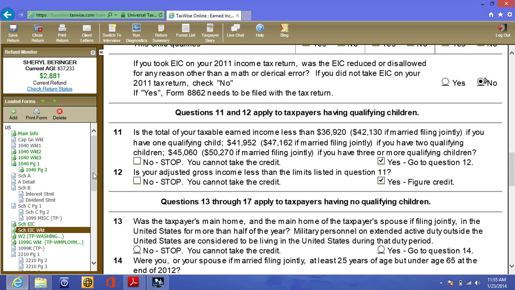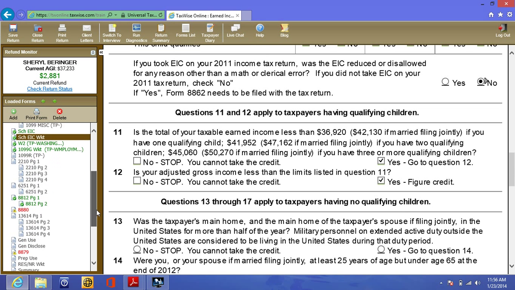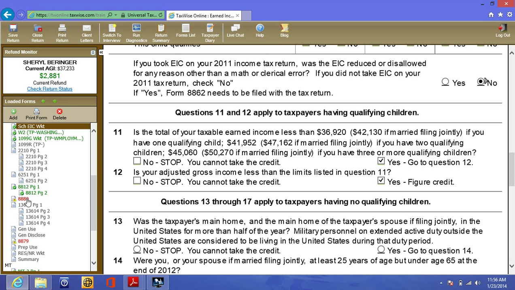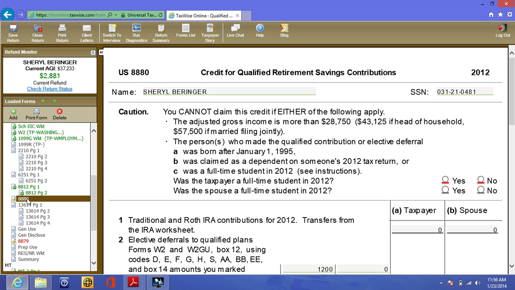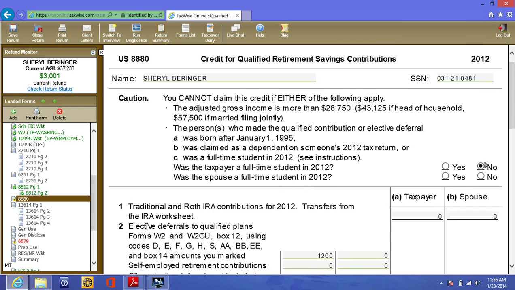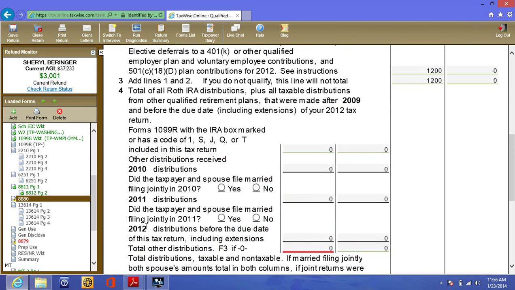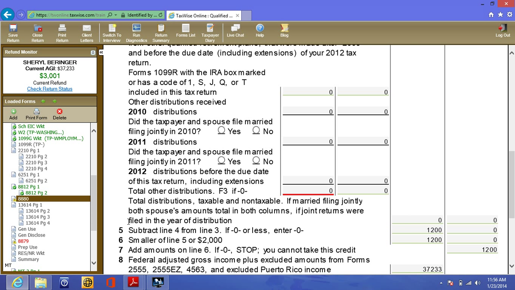Alright, so let's continue with the tree. And let's look for red things. So this asks, was the mother a full-time student? And no, she's not. She was just paying back student loans. And then here, distributions before the due date of this tax return.